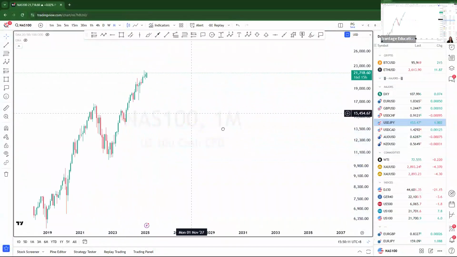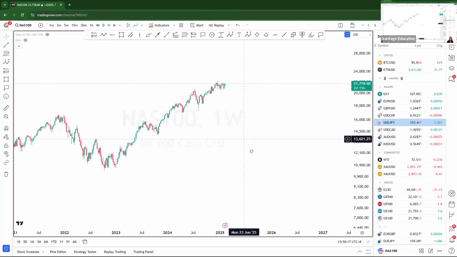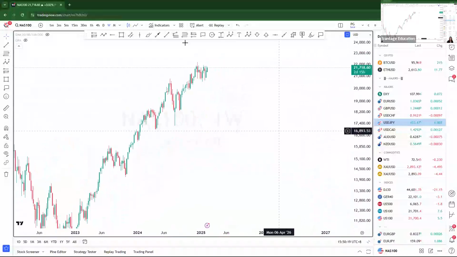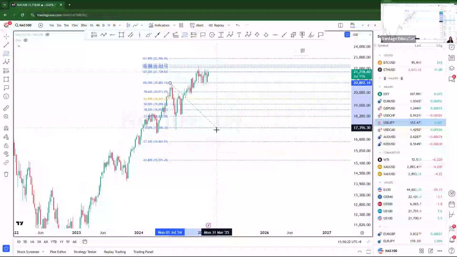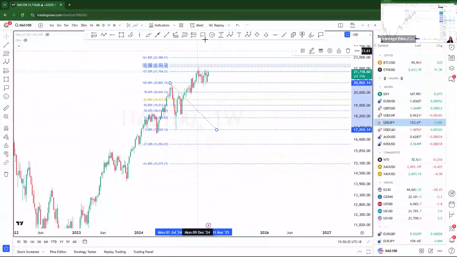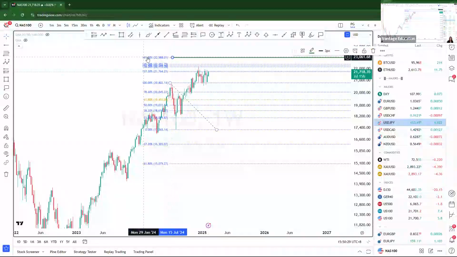This is monthly. I just want to look for the direction. Go to weekly. The next target for the weekly is here as an extension.